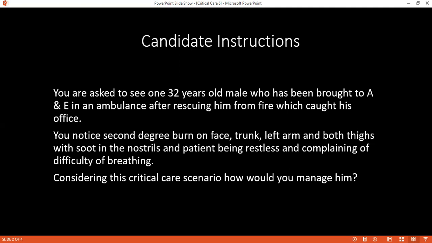In case of full thickness burn, more than 5%. In case of partial thickness burn, more than 15% in case of adult, and more than 10% in case of child.